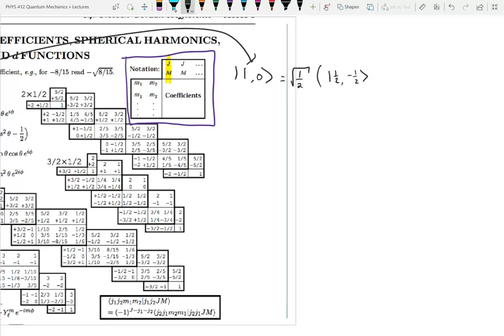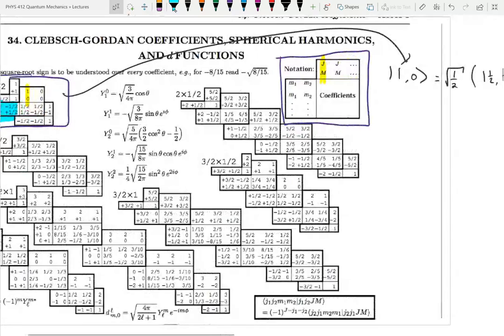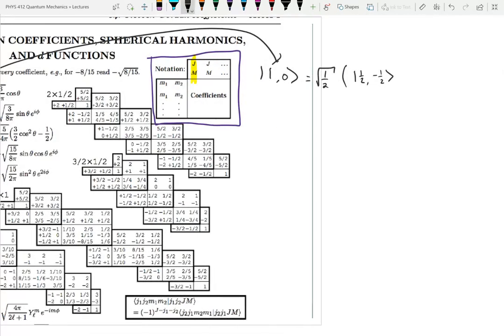Yeah, this is correct now that I think about it. And then I have plus, and again, it was 1/2 with the implied square root.